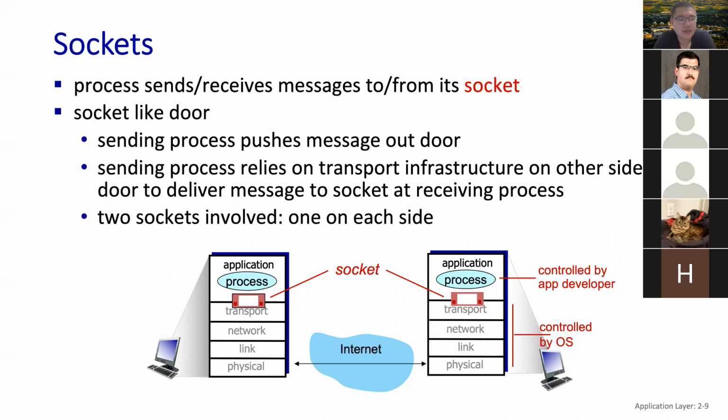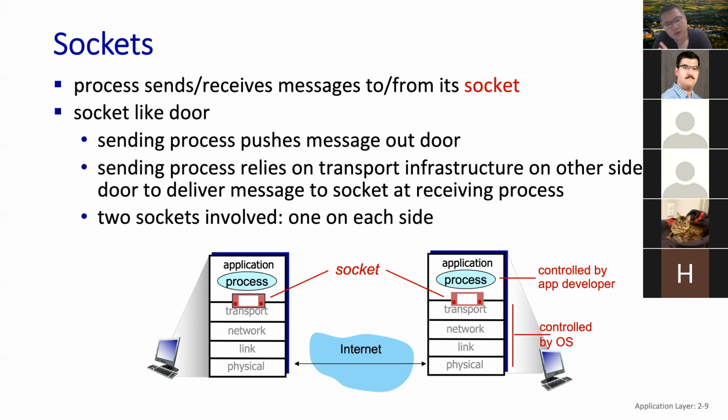The sending process relies on the transport infrastructure on the other side of the door to deliver the message to the socket at the receiving process. Then the receiving process just gets the message from outside of the door to inside of the door. During this process, two sockets will be involved, one on each side.